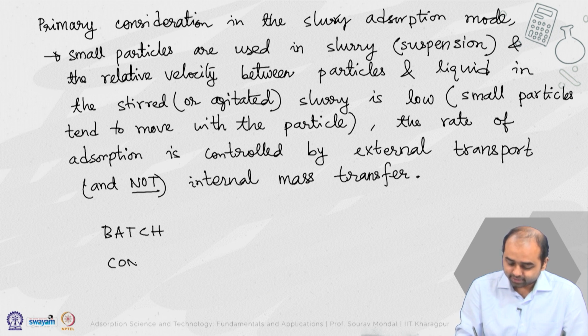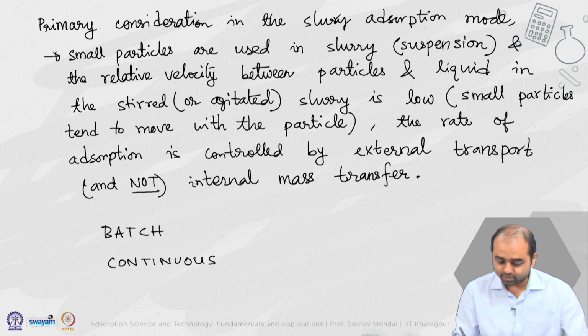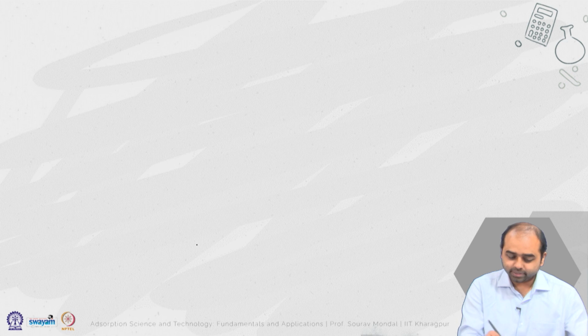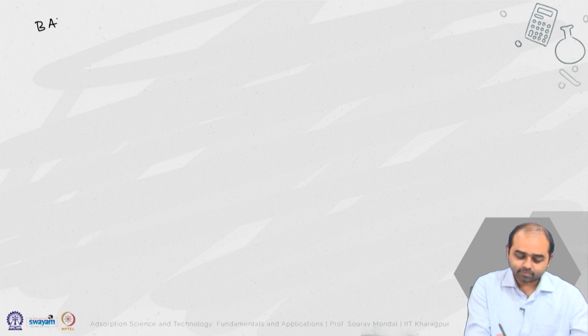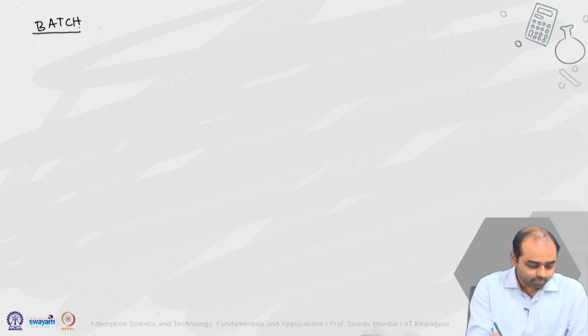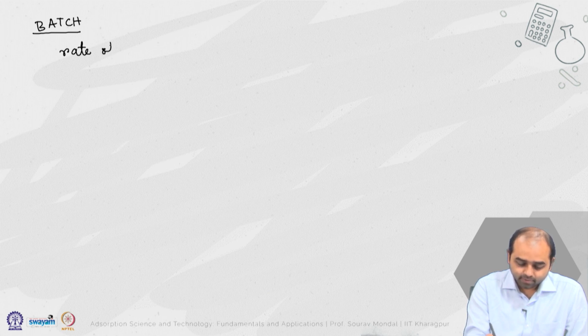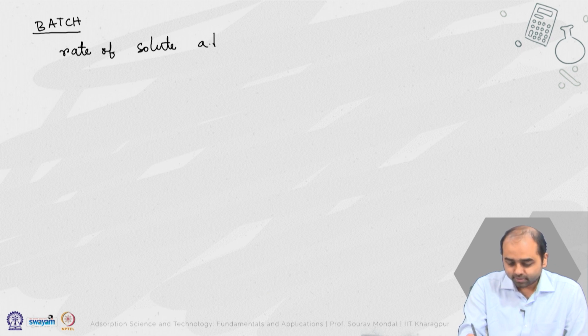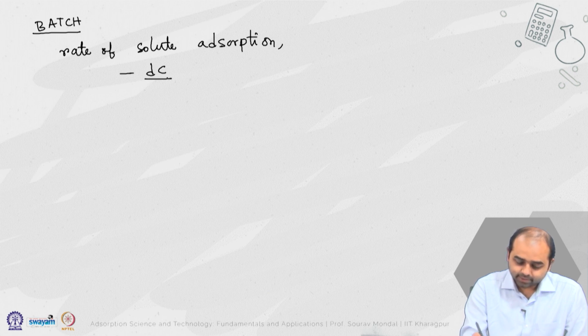One is the batch, one is the continuous mode. So, first we will talk about the batch mode of operation. So, in the batch mode of the operation, the rate of solute adsorption, that is minus dc by dt.